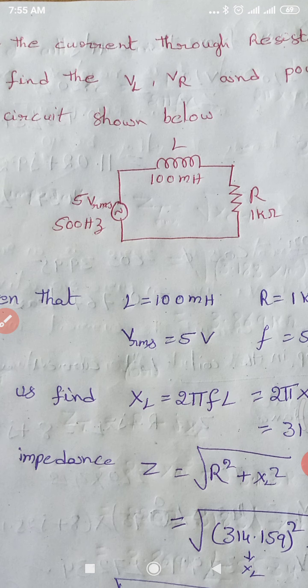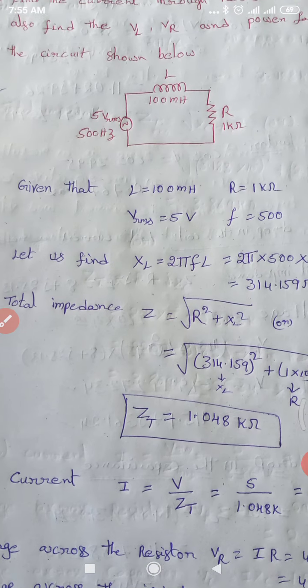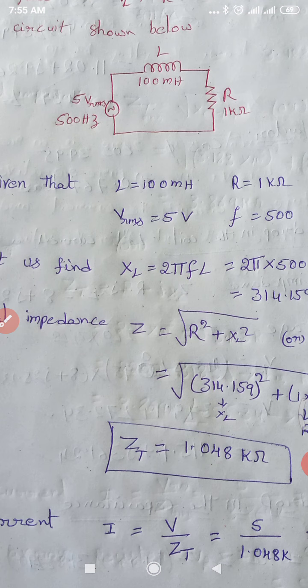The given value is the same, 5 VRMS. Before starting the problem, write the given data. What is the given data? Here all the data is mentioned in the circuit diagram. So let us see what data is given in the problem.